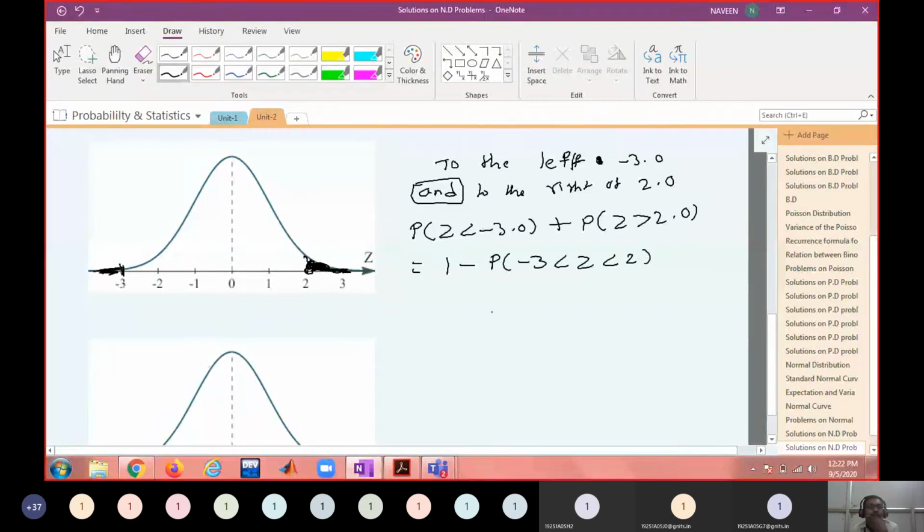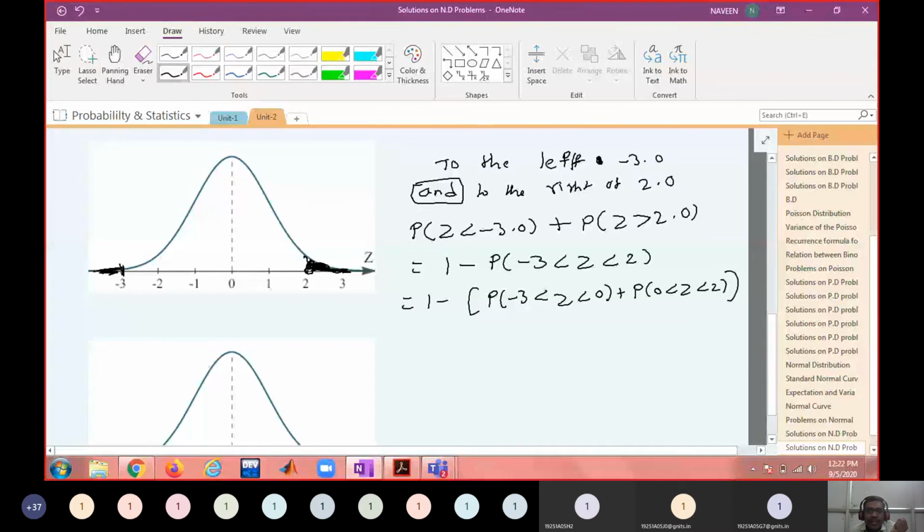Then you will get the tail areas. Now how do you split from minus 3 to 2? I will split it as minus 3 to 0 and 0 to 2. So 1 minus the probability that minus 3 less than z less than 0, plus the probability that 0 less than z less than 2.